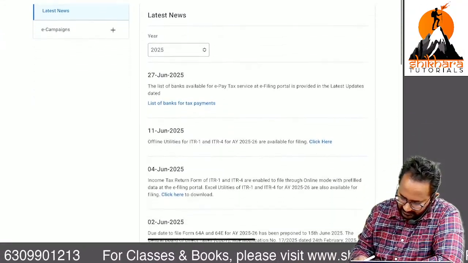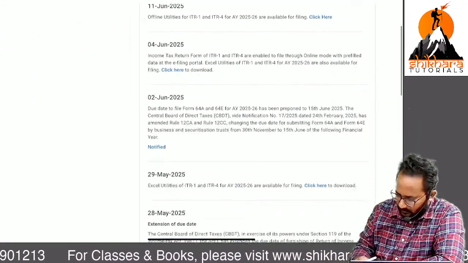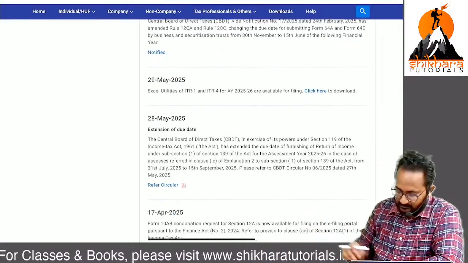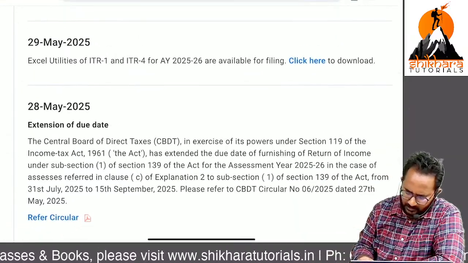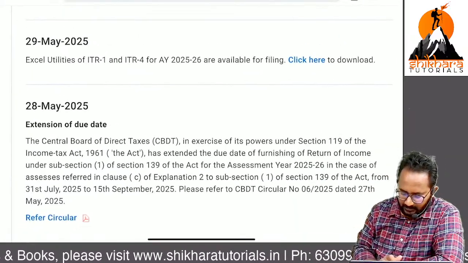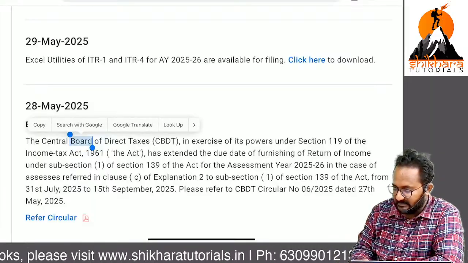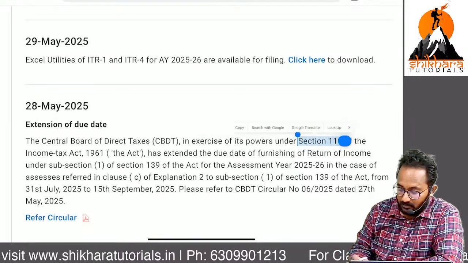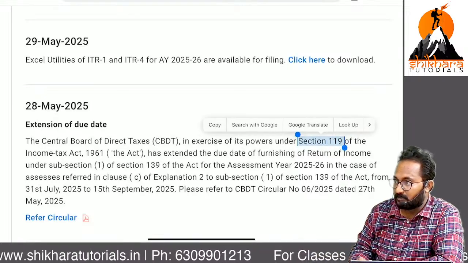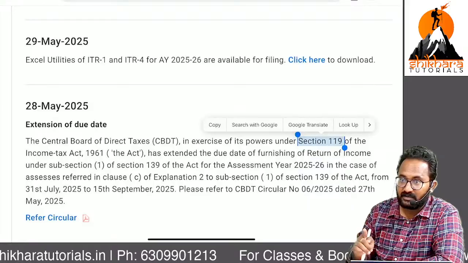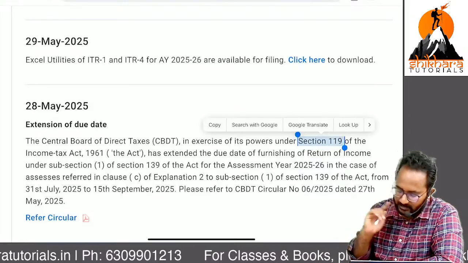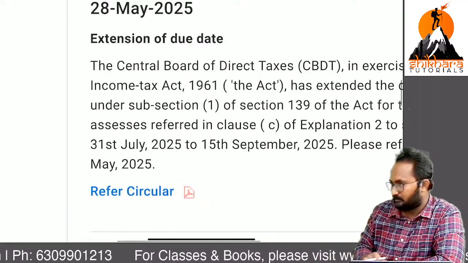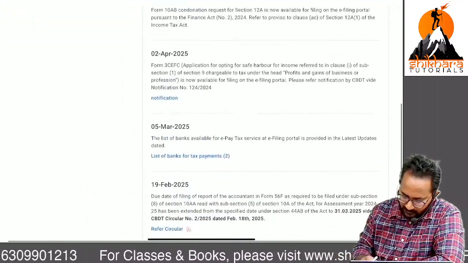Normally we discuss the latest news and circulars, and you can get these things here. Central Board of Direct Taxes. I think previously in MCQ discussion I told you Central Board of Direct Taxes has powers in section 119. One of the powers is that if a loss return is filed even after the due date, they can condone the delay of just how many days? One day. CBDT gives this in the form of a circular. So you can find all these things here.